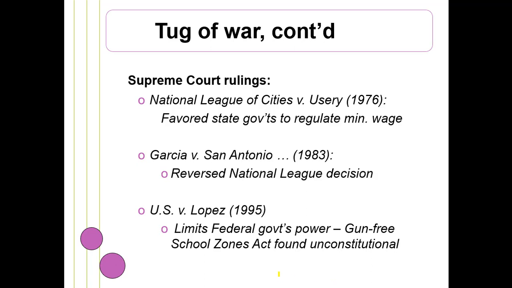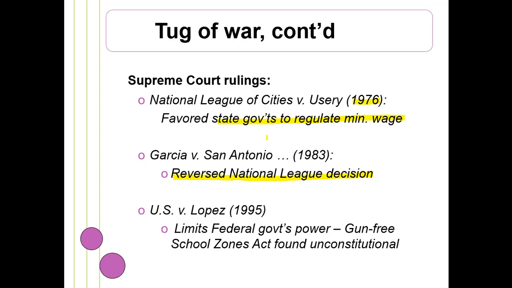We see this particular case in '76 favored the state governments to regulate minimum wage, but just a few years later they reversed that so that the federal government could establish a minimum wage, or at least a minimum wage that all the states can't go below.